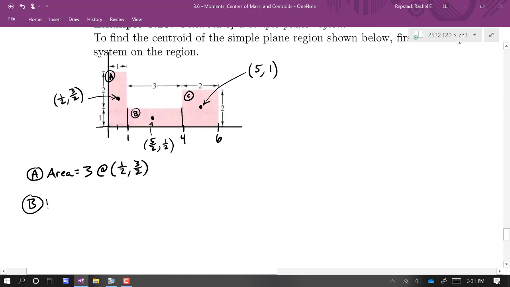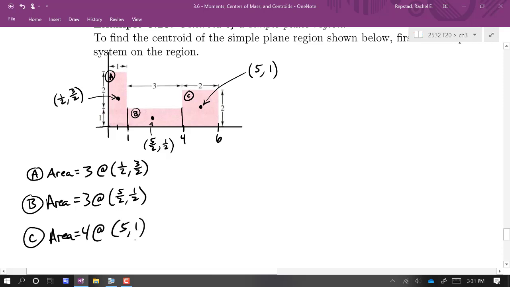For the B region, the area is also 3, located at the point 5/2, 1/2. And for C, that's a 2 by 2, so an area of 4, located at the point 5, 1. For finding the centroid, we need the total mass, but that's just the total area.